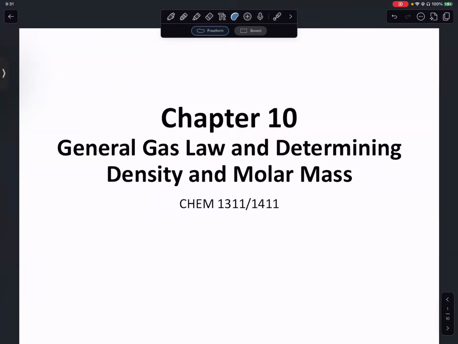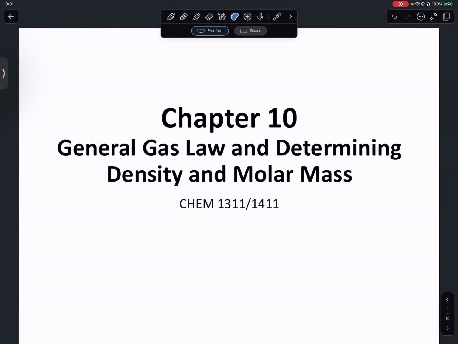The idea behind this topic is we have already discussed the gas laws, and that led us to talking about the ideal gas law. But what if I don't have ideal conditions, or if I have one or more variables that I can use to solve a problem?